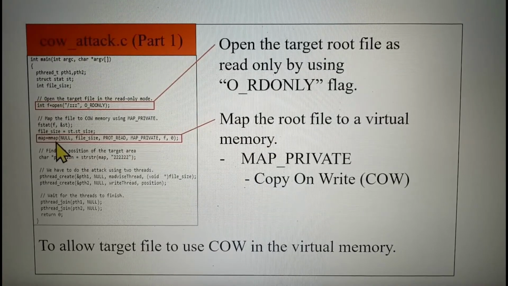So you can see this mmap, we use MAP_PRIVATE, which means that the original file is read only, so we use MAP_PRIVATE to enable copy on write. Okay, this is the whole process to allow the target file to use COW in the virtual memory.